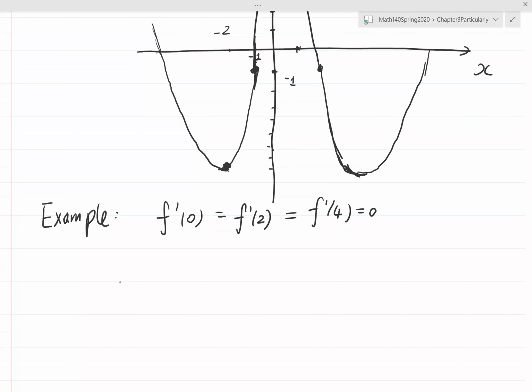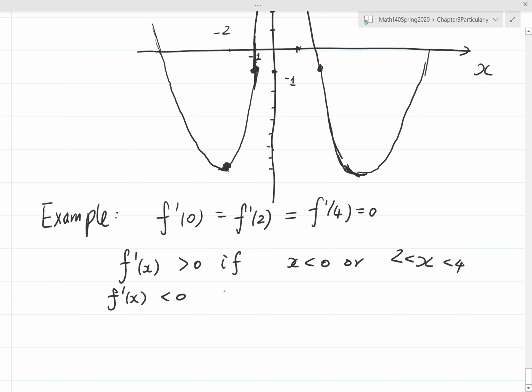Then f derivative x is positive if x is less than 0 or x is from 2 to 4. F derivative is less than 0 for the complement, if x is from 0 to 2 or x greater than 4.